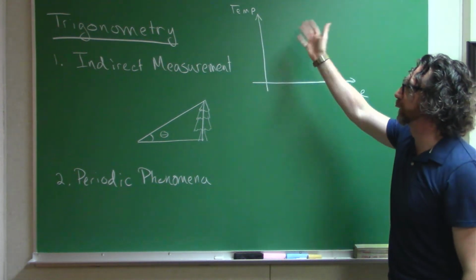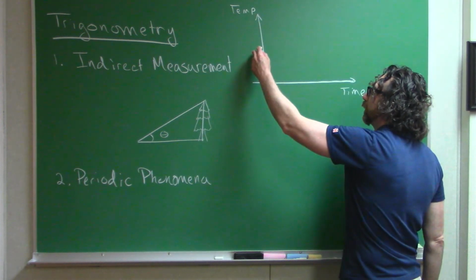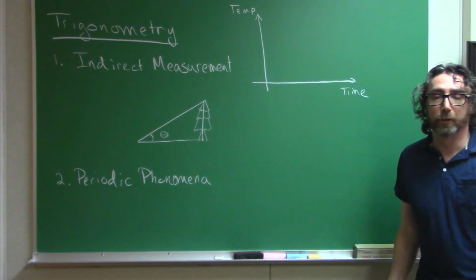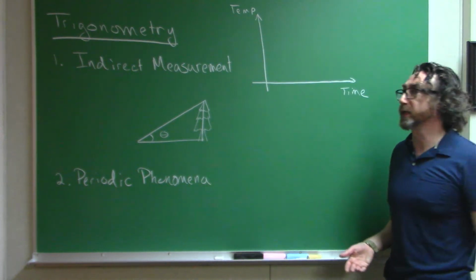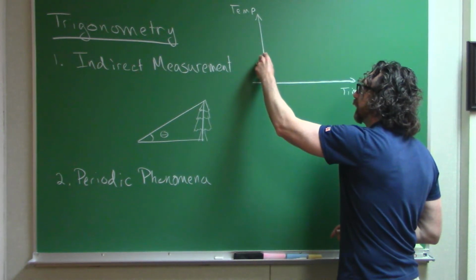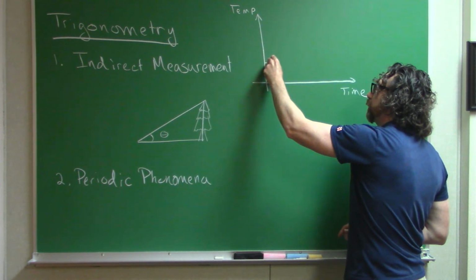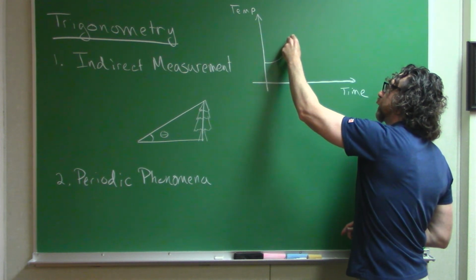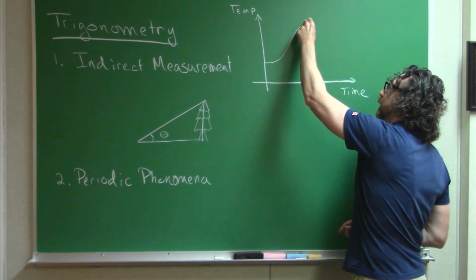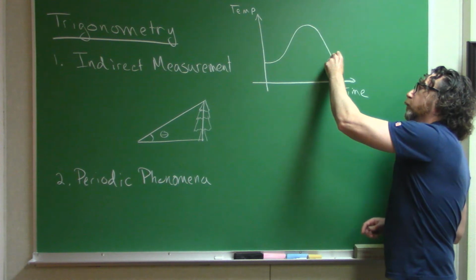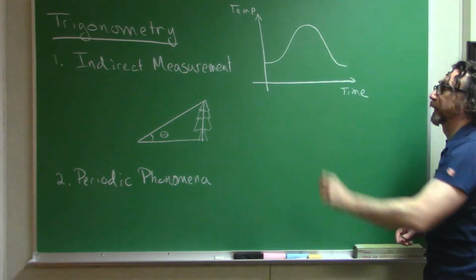And let's say we're talking about the average temperature. Well, at the start of the year, it's January. And up here in the northern hemisphere, in January, it's cold. So we expect the temperature to be kind of low. As the year goes by, we get into spring, and into summer, we expect things to get warmer. And then we hit fall, we expect it to start to cool down, and now it's winter again, so the temperature is back down there.